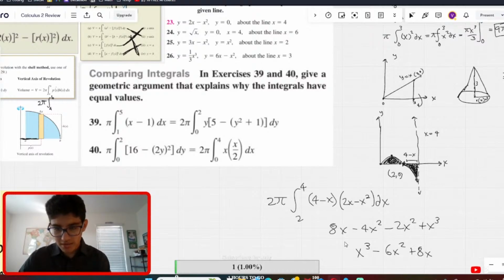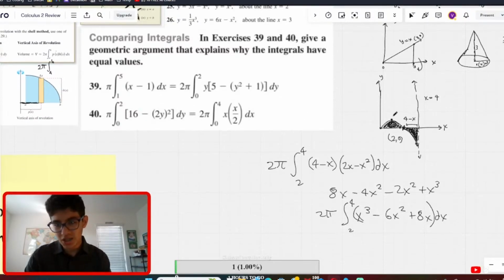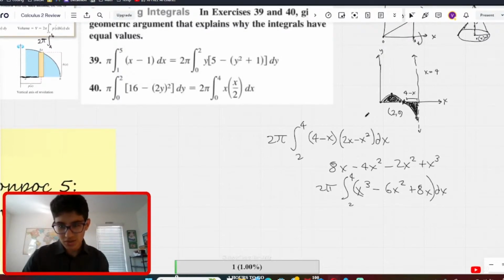Okay, this is what we have. We integrate from 2 to 4 dx, and then there's a 2 pi in front. I'm just going to do this part. The other one I'm not going to integrate because I have a feeling it'll be a bit messier. So no need to actually integrate that. But this becomes x to the 4th over 4 minus 2x cubed plus 4x squared from 4 to 2.